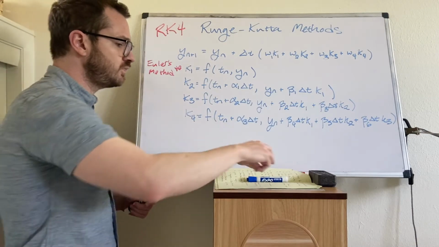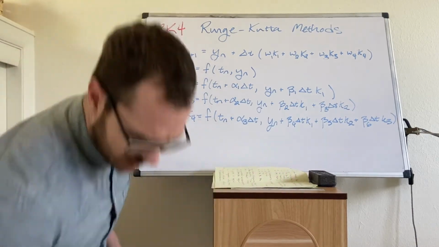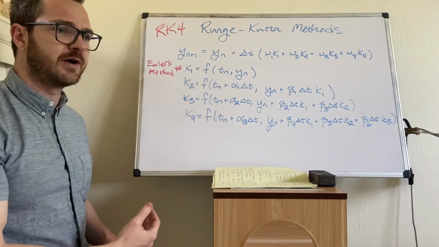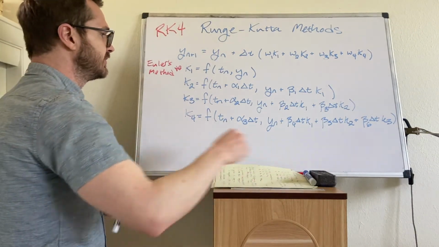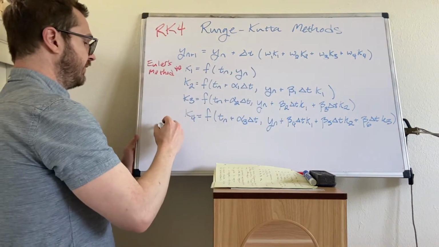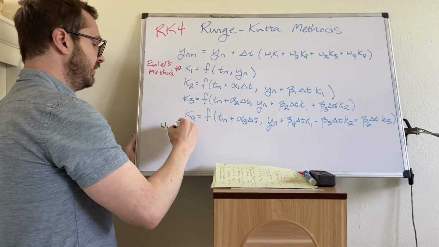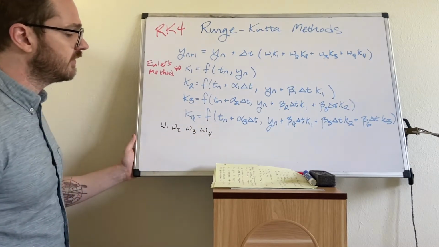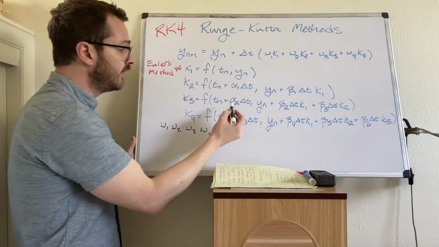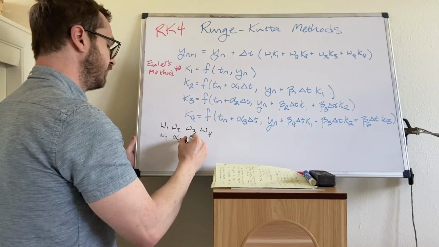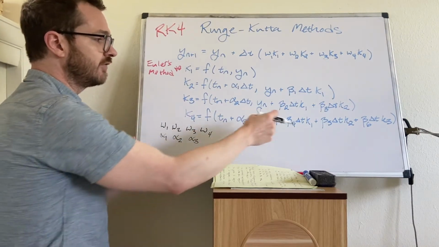Well, let's start here. Let's look at, first of all, how many variables are there in this description? Well, we have the 4 weights, so I can say W1, 2, 3, and 4. Next, we have alphas. We have alpha 1, alpha 2, alpha 3. Next, we also have betas.